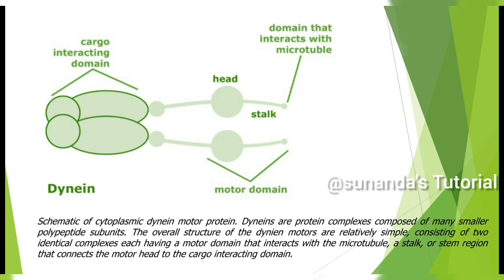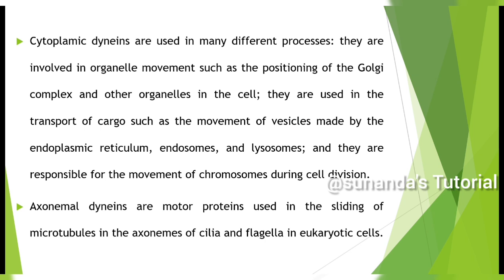Okay, next. Cytoplasmic dyneins are used in many different processes. They are involved in organelle movement, such as positioning of the Golgi complex or other organelles in the cell. They are used in the transport of cargo, such as movement of vesicles made by the endoplasmic reticulum, endosomes and lysosomes.